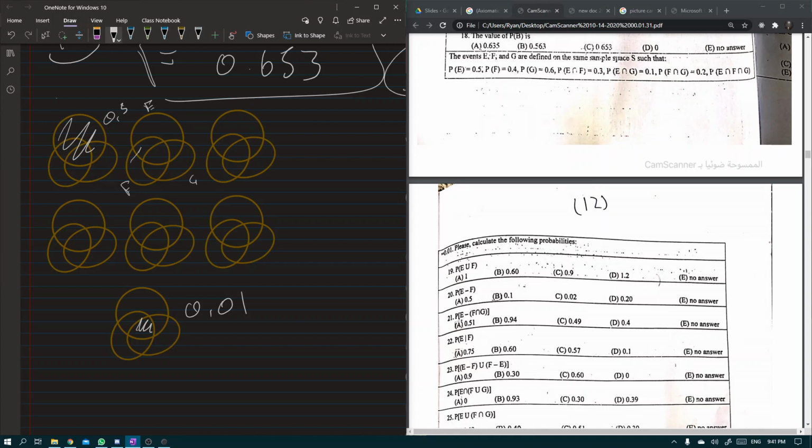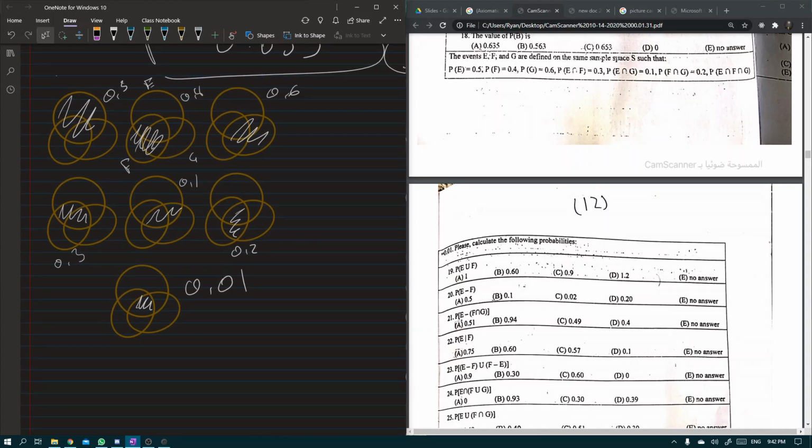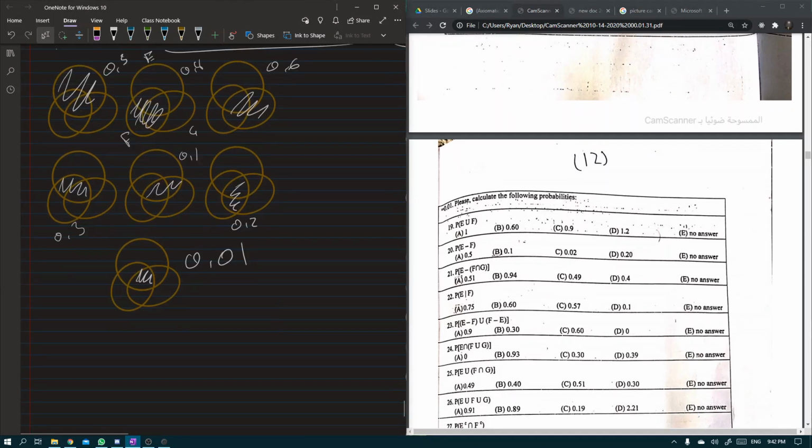This is 0.04. 0.04. 0.06. 0.3. 0.01. 0.1. 0.2. Okay, now E union F.